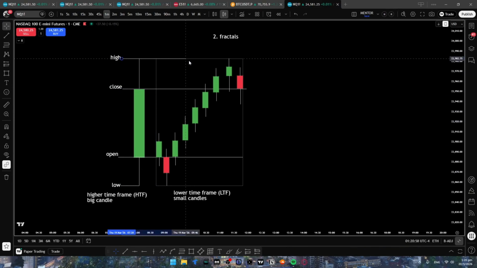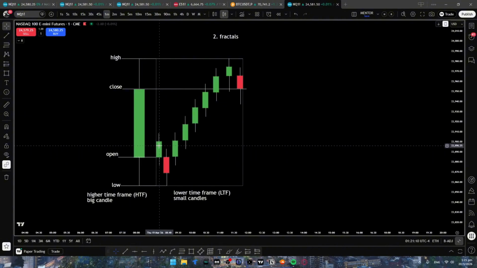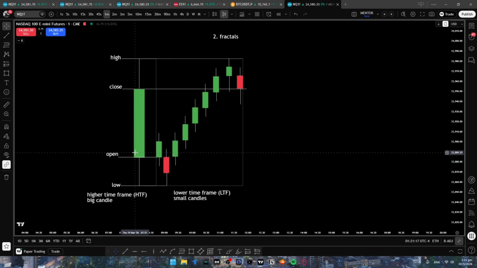These smaller candles are what's happening in this big candle. If you don't know what I'm saying, this is what it is. Open here, and then makes the low. Open here, goes up a little bit, makes the low. It makes this low through this red candle. And then in this huge body, it goes up.